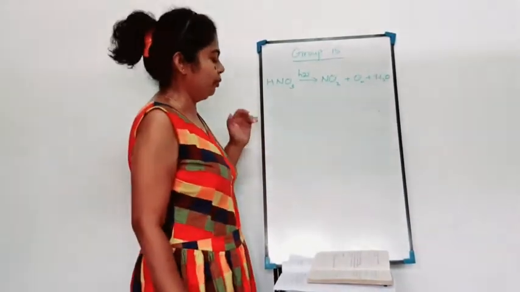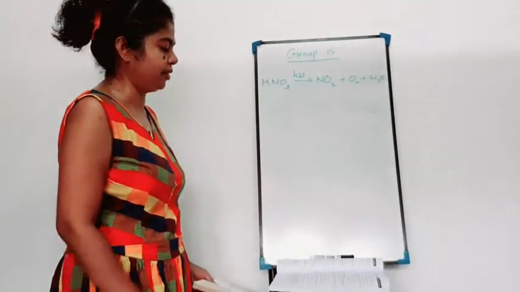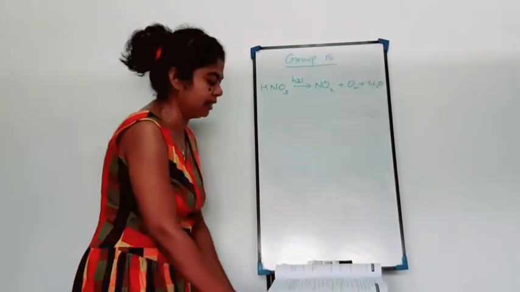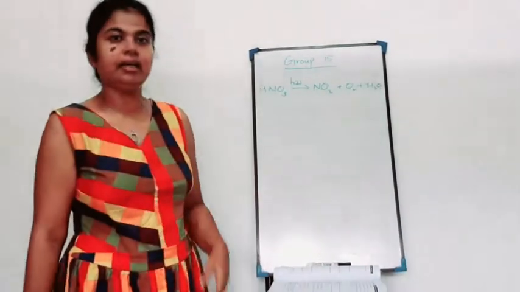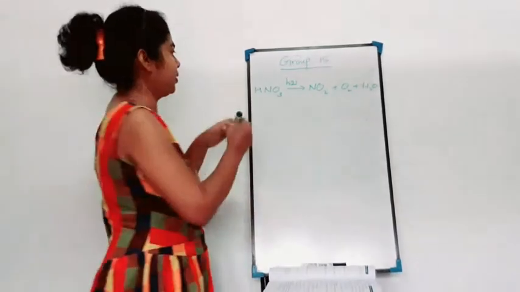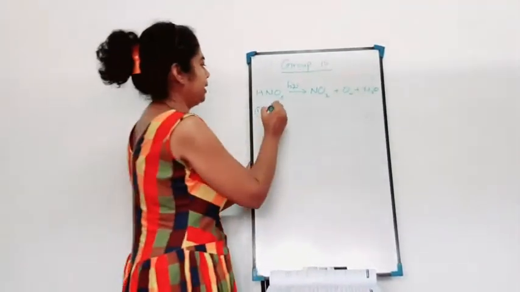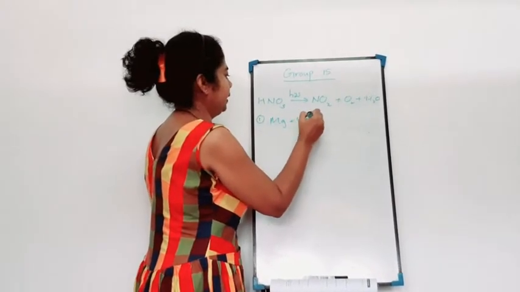Next we are going to move on to the reactions of nitrogen-containing acids, mainly HNO3. First, the reaction with metals: magnesium plus HNO3.